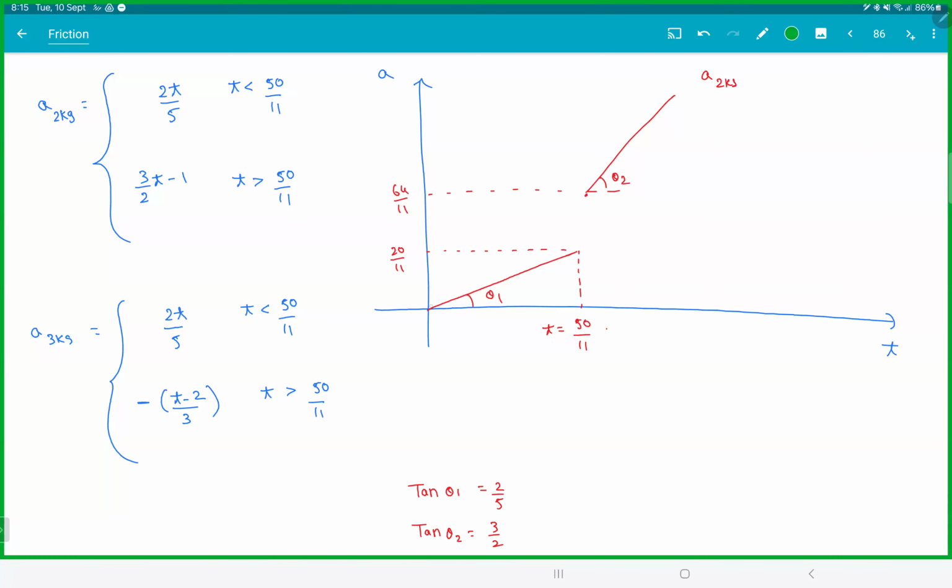The 3 kg is interesting. It goes like this. And then if I put 50 by 11 here, 50 by 11 minus 2 by 3 gives 28 by 33. This value suddenly drops to negative because it's going backward.